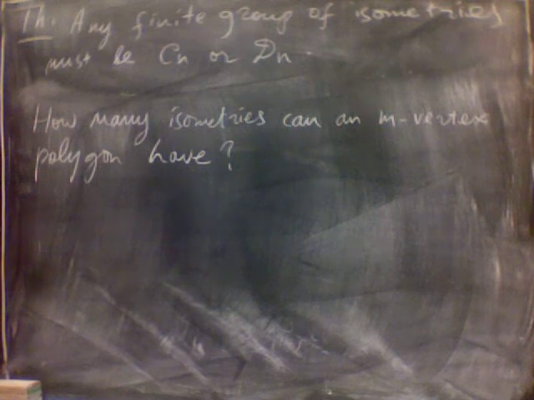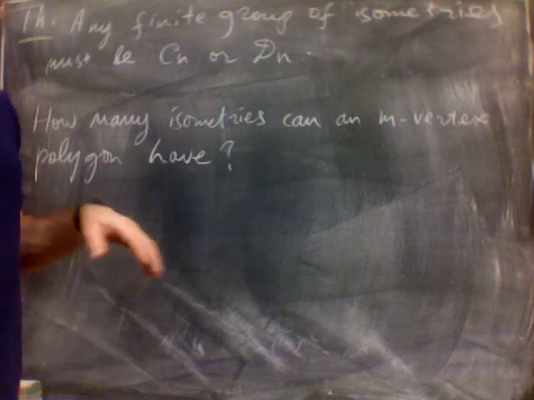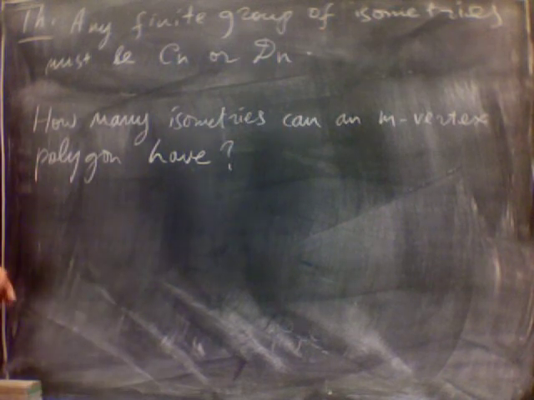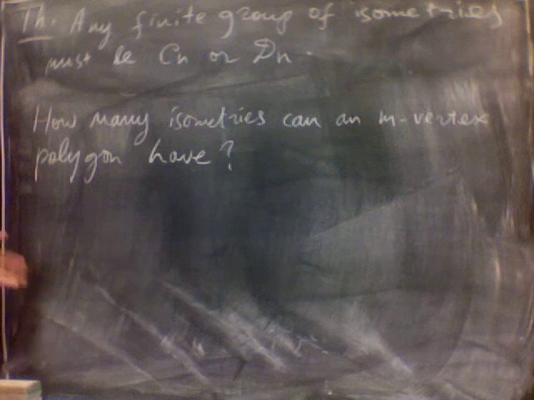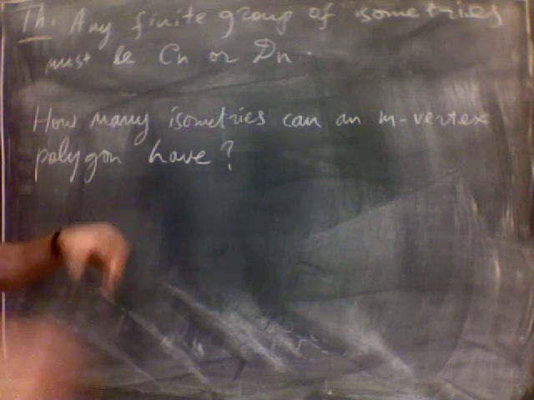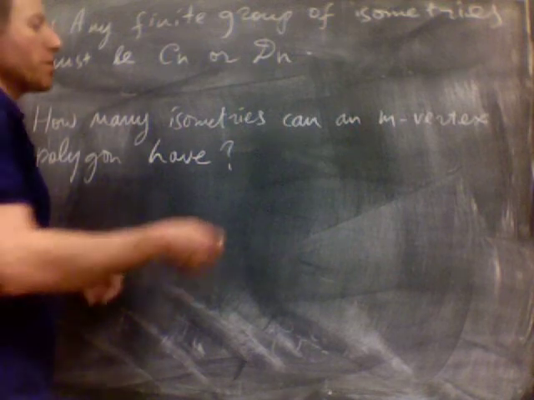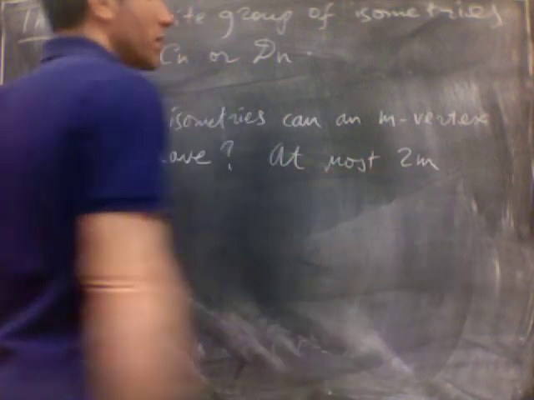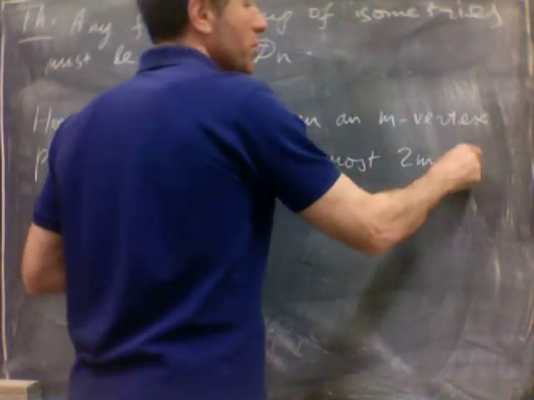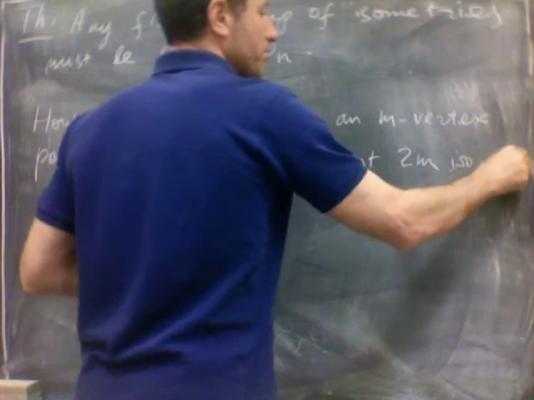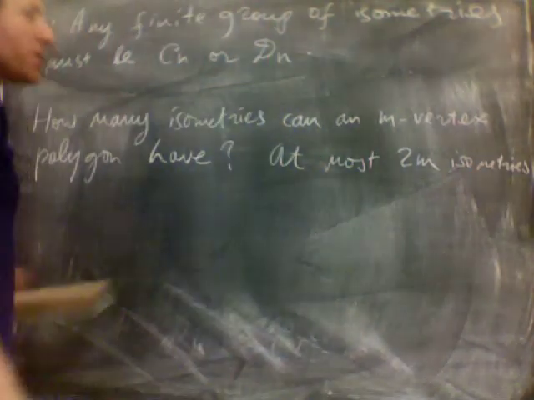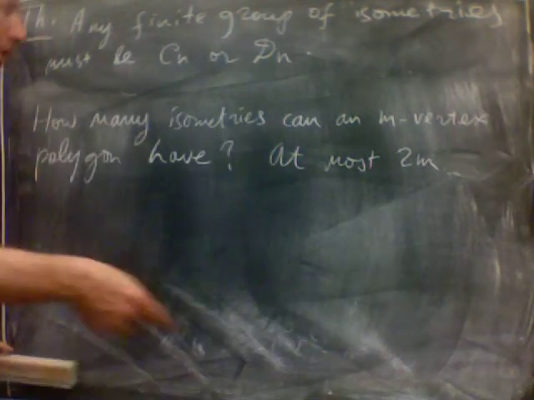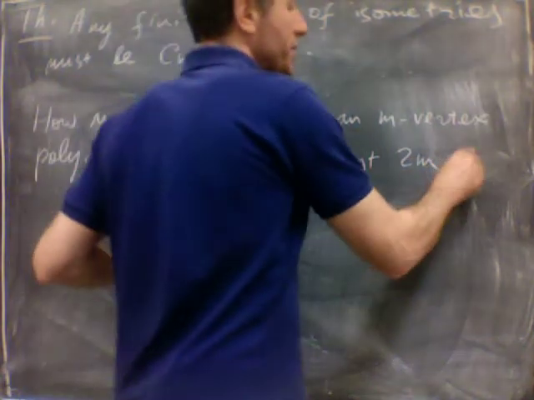And we figured out that for the first vertex we have m choices for where to go, and the next vertex has to go to some adjacent vertex, and there are two choices for adjacent vertices. So we'll have at most 2m isometries which leave the polygon intact, which fix the polygon, so at most 2m symmetries.